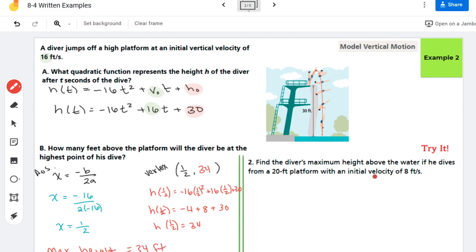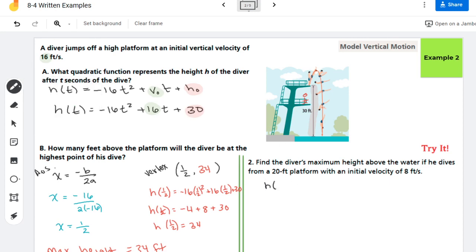So it says, find the maximum height above the water if he dives from a 20-foot platform with an initial velocity of 8 feet per second. So they're cutting the platform down by 10. He's probably chilling over here on this one, and he's jumping up a lot slower. His initial velocity is half of what it was.